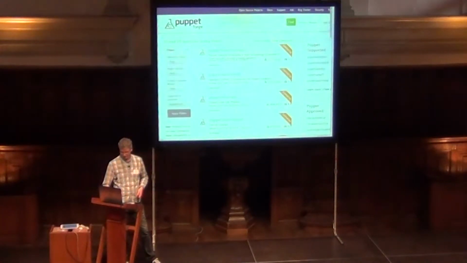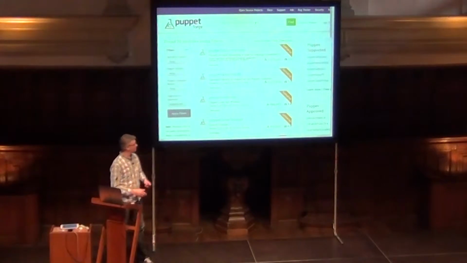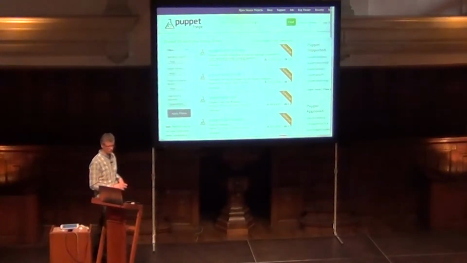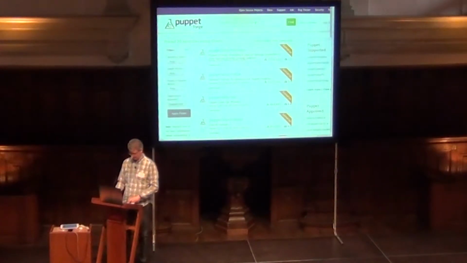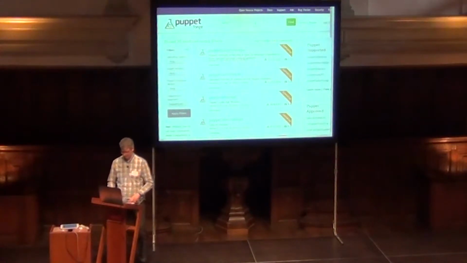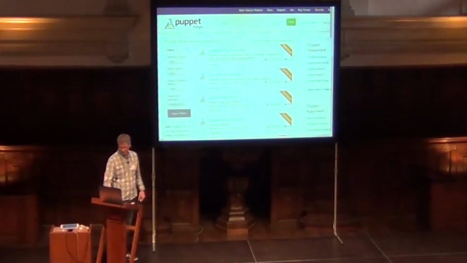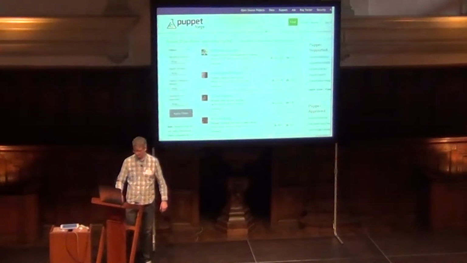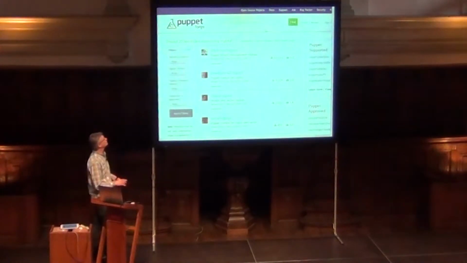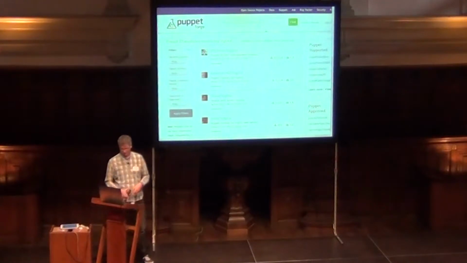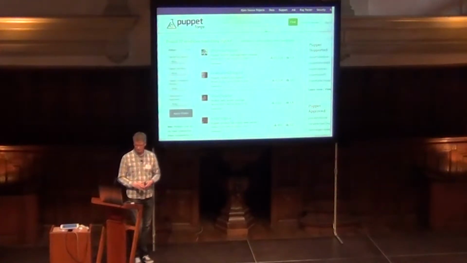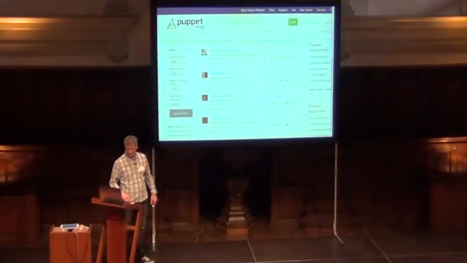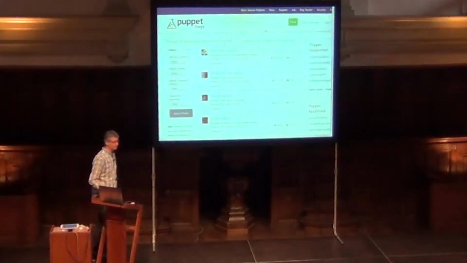Usually though, you end up searching. As you can see, there are over 3,100 modules available. So let's say I want to manage Nginx. And we get a list of modules there, 37. And now we have to determine which module we take. So I look for a few things here.